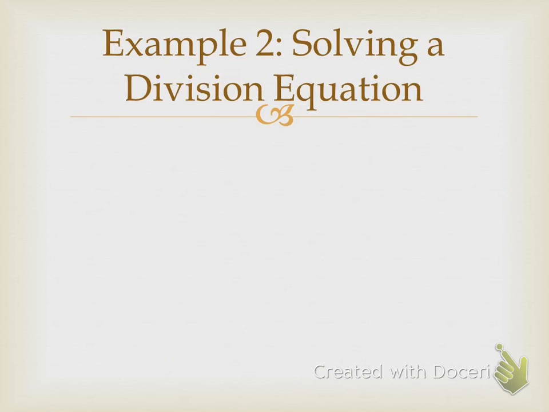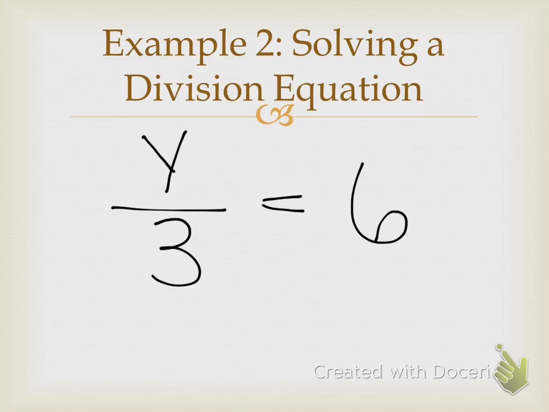All right, let's do another one just like it. Y over 3 equals 6. Again, what operation is connected with my variable? Division. So what do I need to do to get rid of it? I need to multiply both sides by whatever is in my denominator, which in this case is 3.